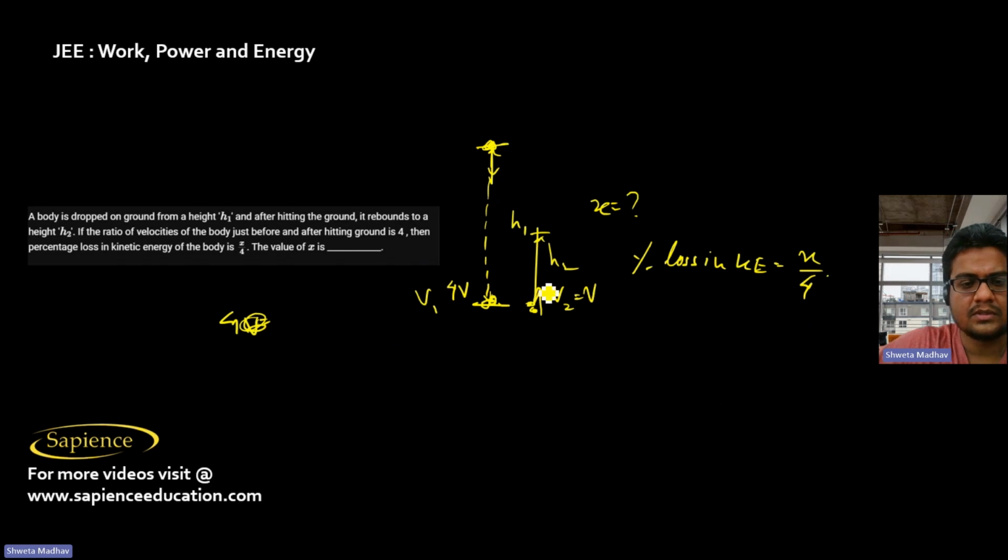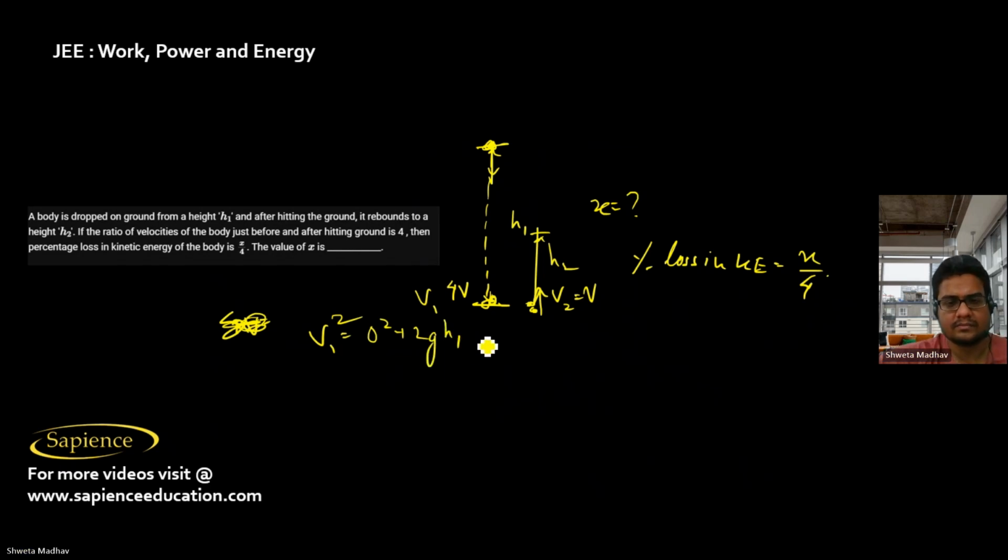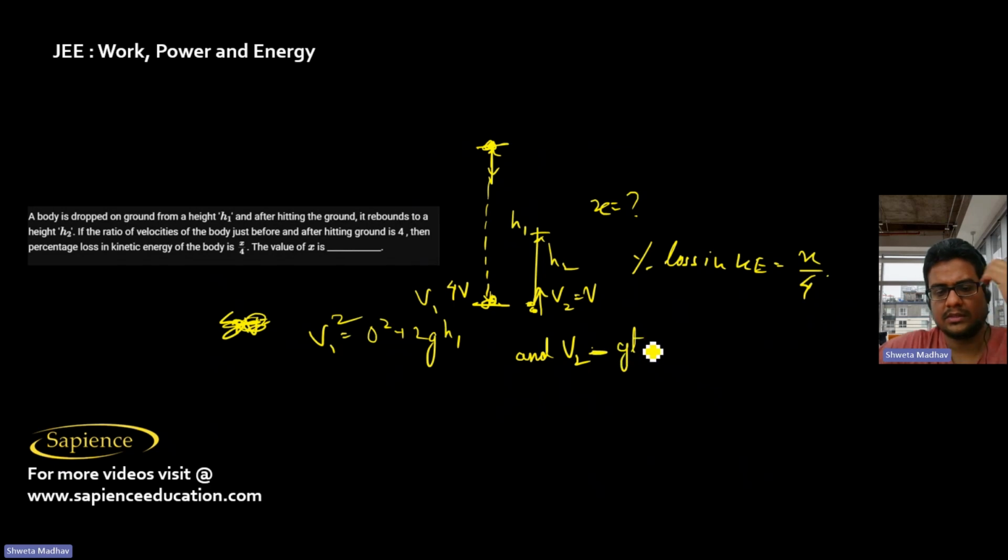So we can say V1 square is equal to 0 square plus 2GH1, and V2 is obtained from V square, which is 0 square, equal to U square minus 2GH2.